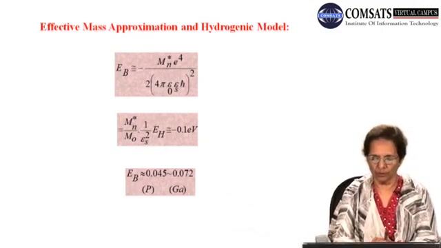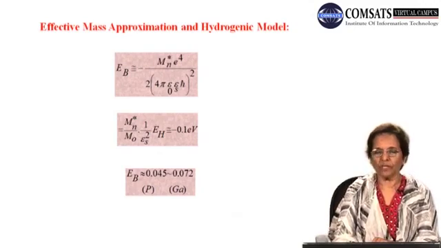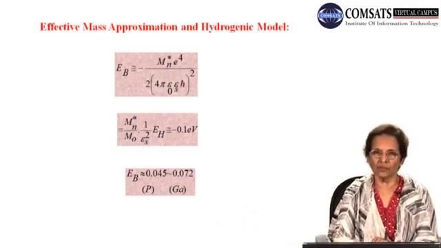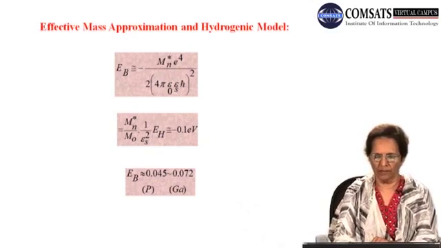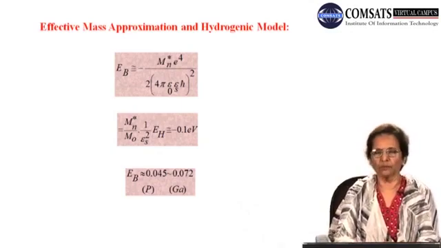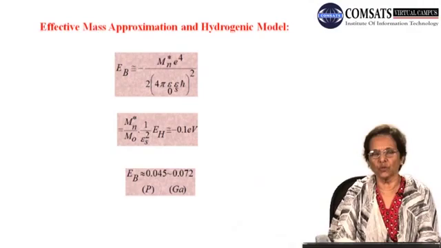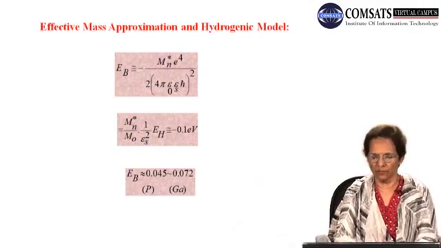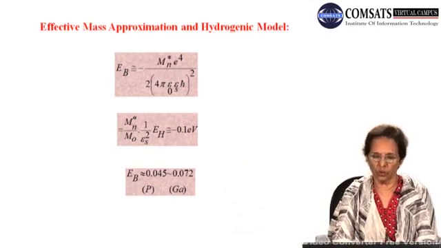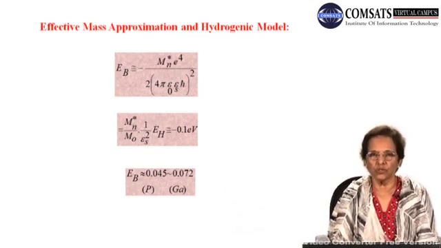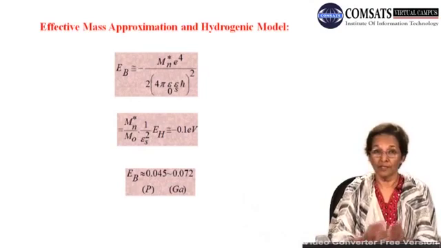The bottom portion of this slide shows the binding energies of the electrons bonded in their respective covalent bonds. For phosphorus it comes out to be 0.045 electron volt, and for gallium 0.072, all energies being in units of electron volts.